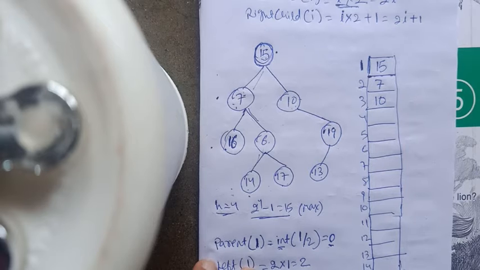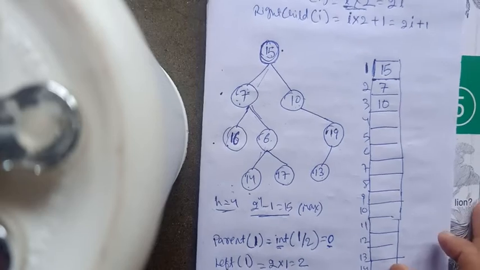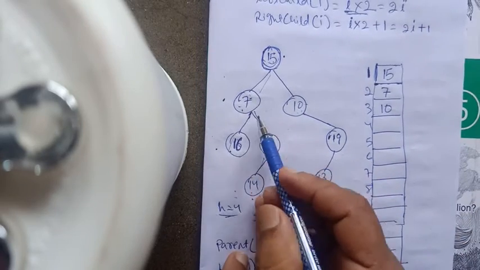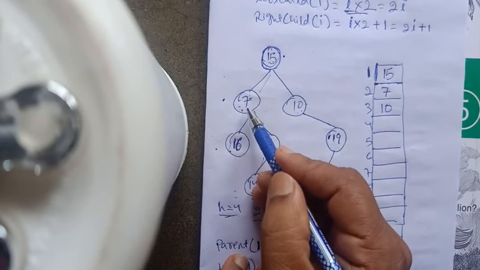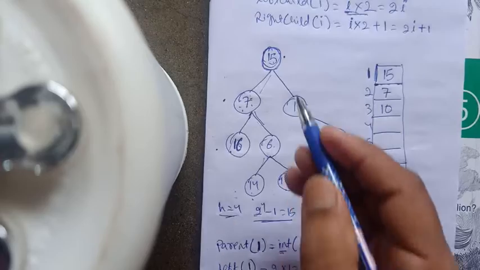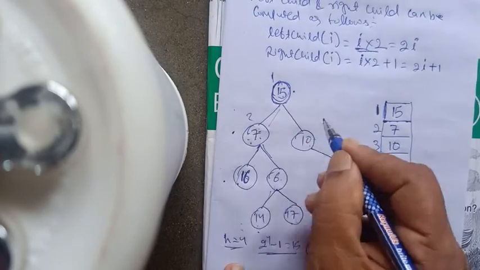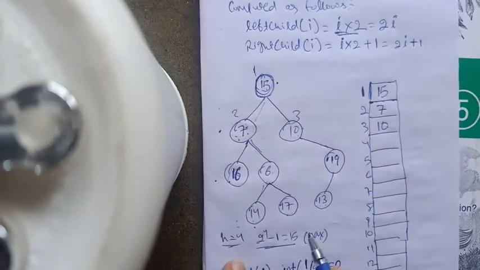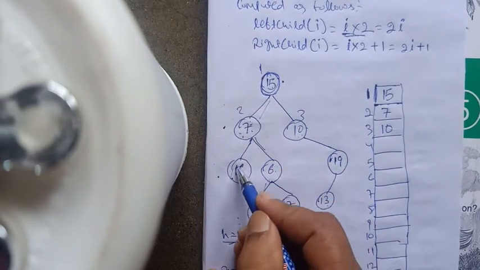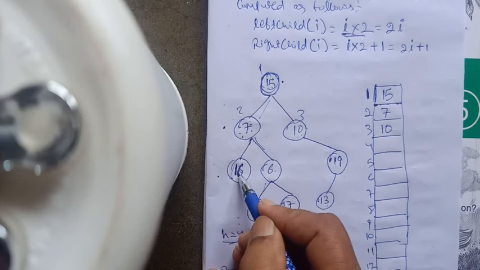Now in the same manner, you can keep continuing the addresses. So let us assume who are the children of 7. Let us give a numbering 1, 2, 3. These are the indexes in the array. Now the left child of 7 is 16.